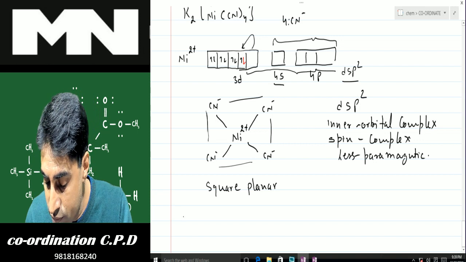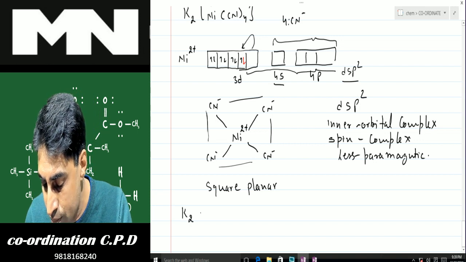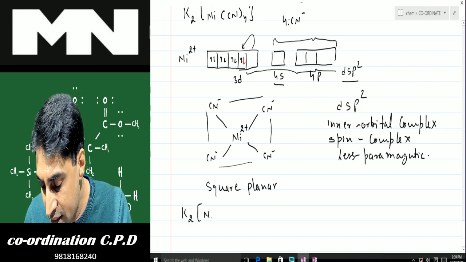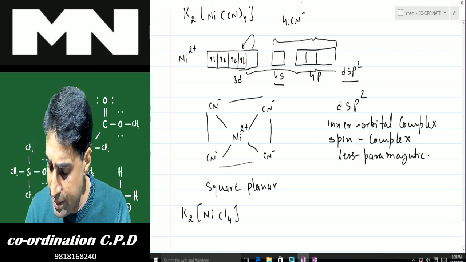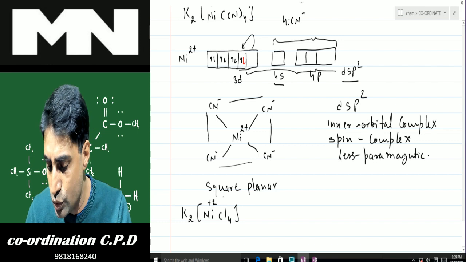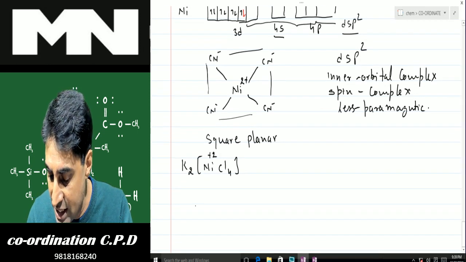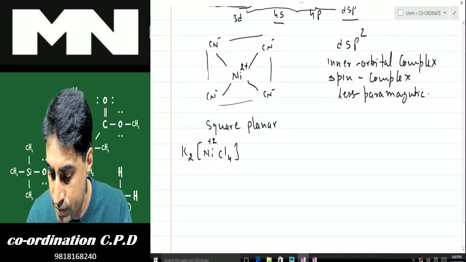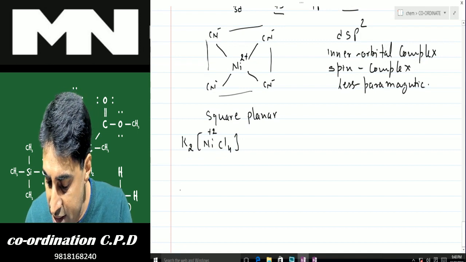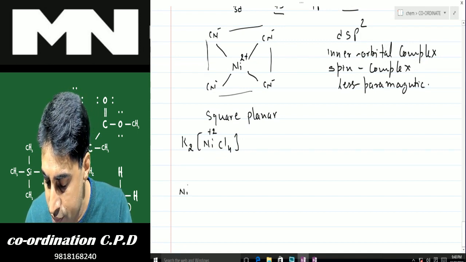Second compound I have is K2[NiCl4]. Same here again, nickel is in +2 oxidation state. It will have the similar electronic configuration. So here I am drawing Ni2+.